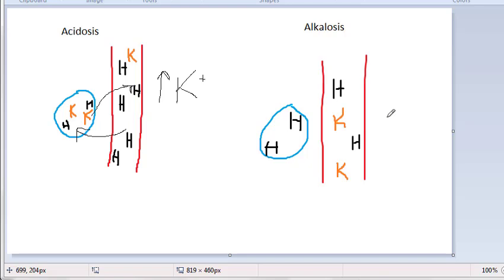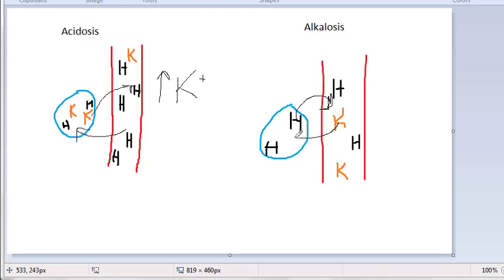Acidosis equals high potassium. Alkalosis is the opposite effect. When you are alkalotic, you don't have a lot of acid floating around in your body. You have not enough acid. So when that happens, the body says, I need to kick out some of this acid and put it in the bloodstream to even things out. So it kicks out the acid and puts it in the bloodstream. Well, then the potassium says, hey, I want that parking spot.